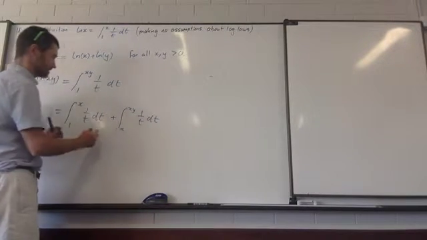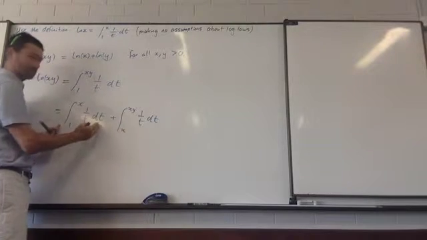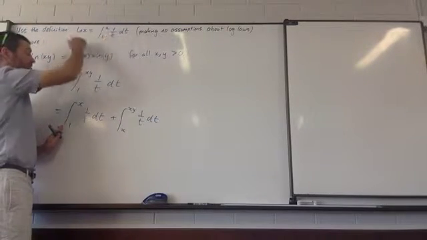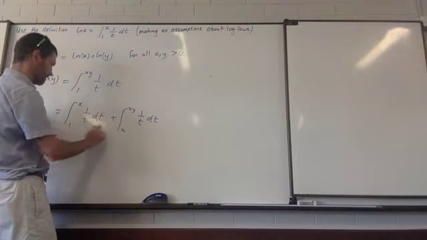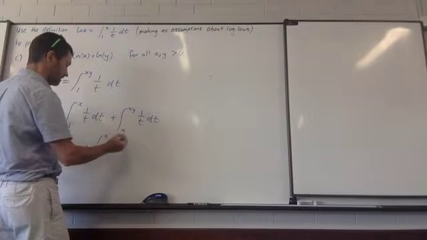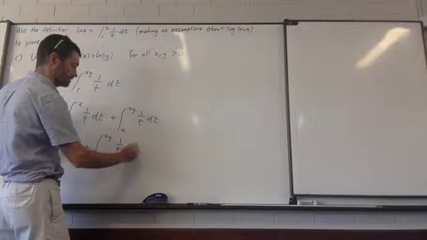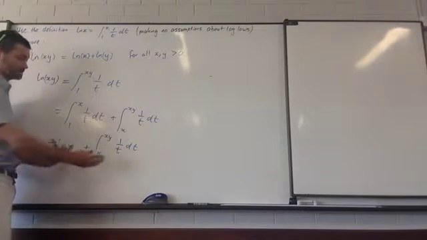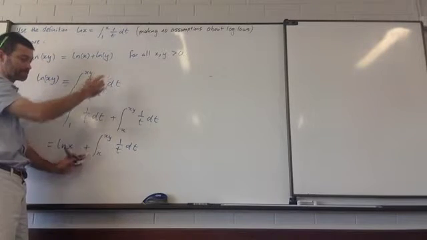The first half is this definition, so we've already got natural log of x, plus the integral between x and xy of 1 over t dt. So we're halfway there. We now just need to show that this expression will equal natural log of y.